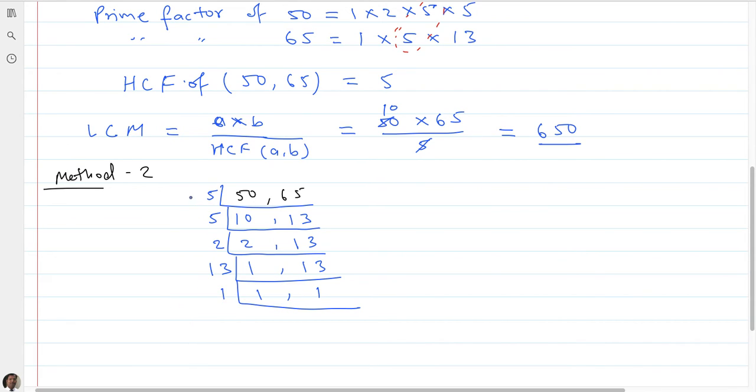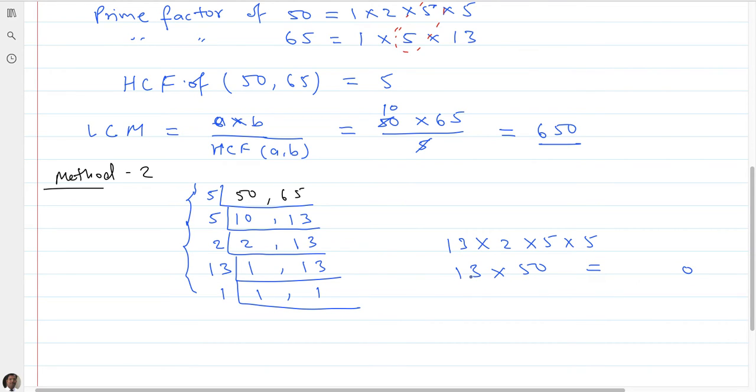Okay, let's multiply all these numbers. If we multiply 13 into 2 into 5 into 5, how much will it come? Let's check. 5 into 5 into 2 will be 50.